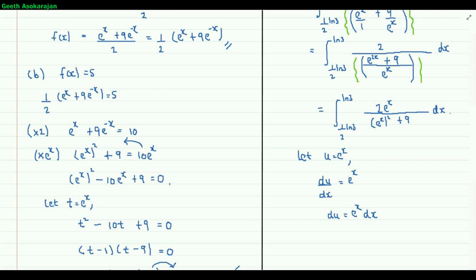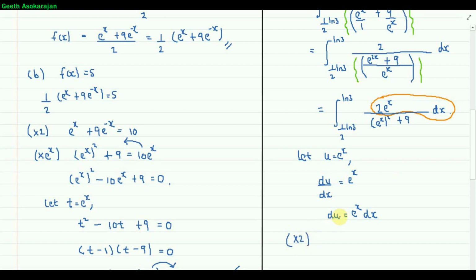And let's think about what we're going to do next. In this instance, I have a 2e to the x dx term on top. Currently I've got e to the x dx, but to get the term highlighted in orange, the 2e to the x dx, I can multiply both sides by 2.